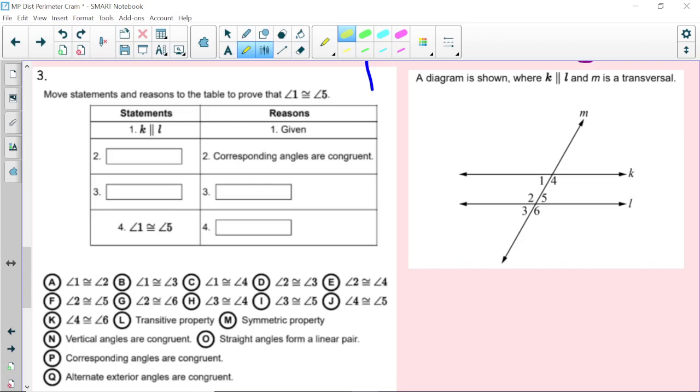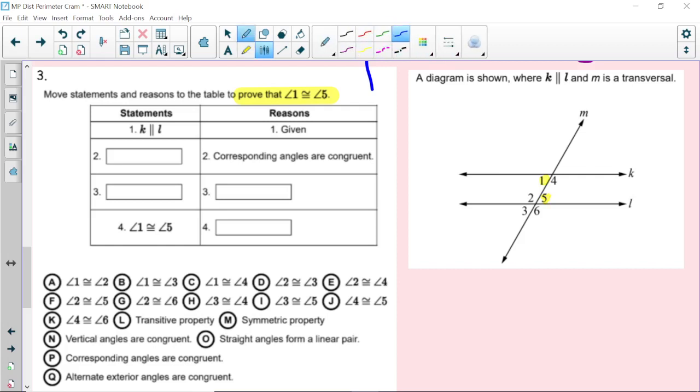So our diagram is shown where K is parallel to L and M is a transversal. We're going to prove that angle 1 is congruent to angle 5.